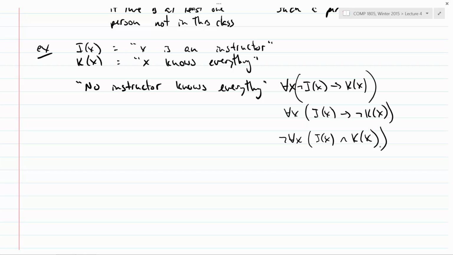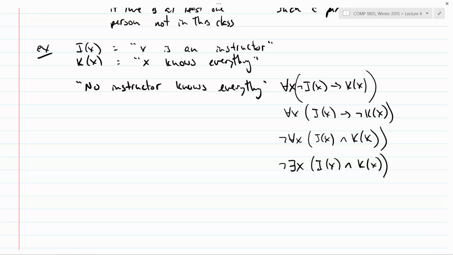Okay, sure. Basically, there does not exist, so not exists, I of X and K of X, because not for all means at least for one. All right, any other thoughts?